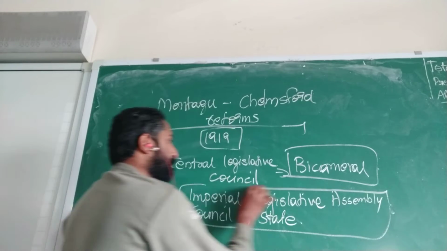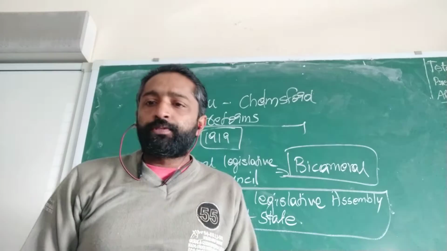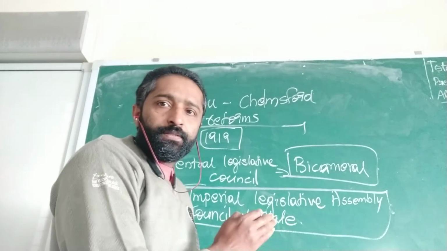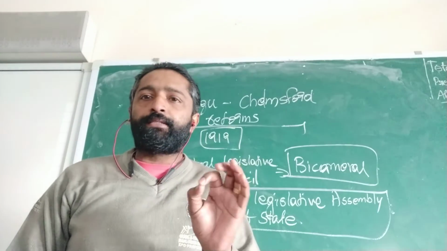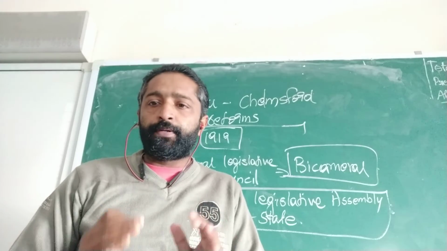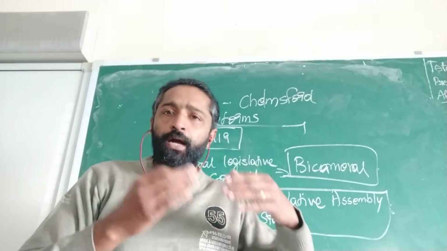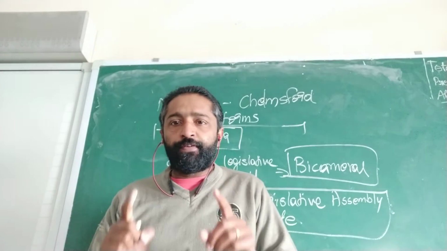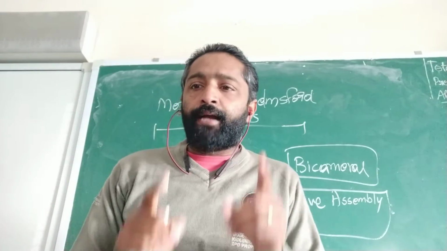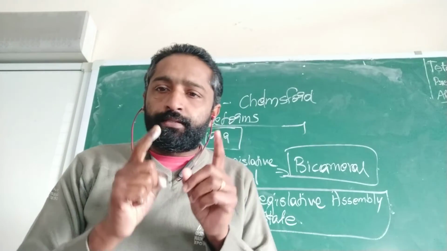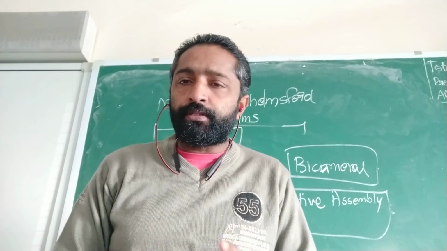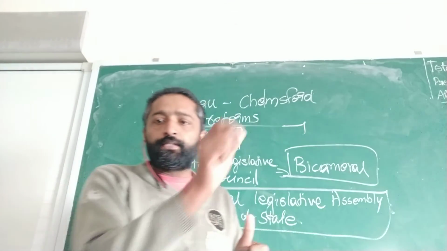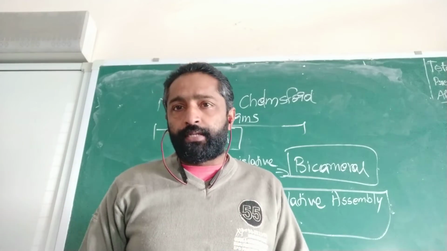The majority of members of these houses will be elected members, elected by the people. That's the first feature of this Government of India Act of 1919. The Central Legislative Council will be bicameral, with two houses: the Imperial Legislative Assembly and the Council of State.